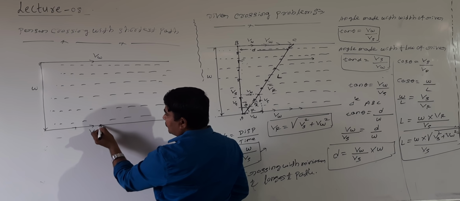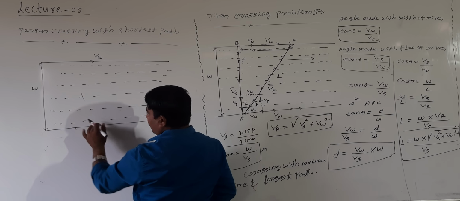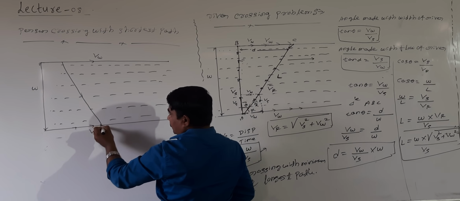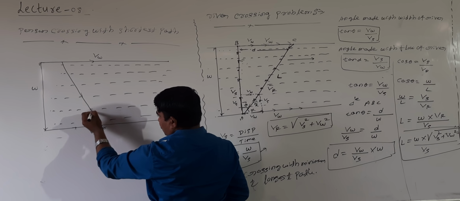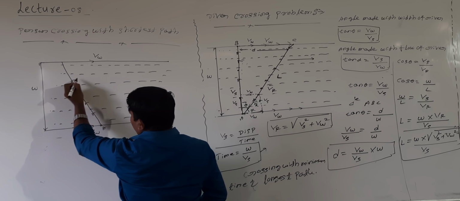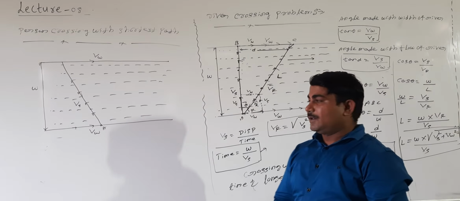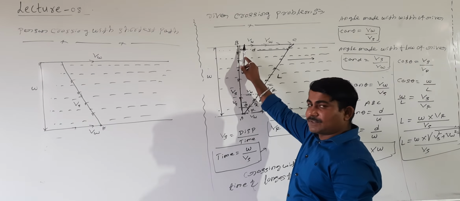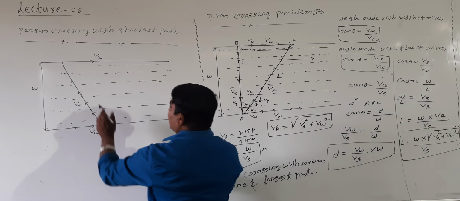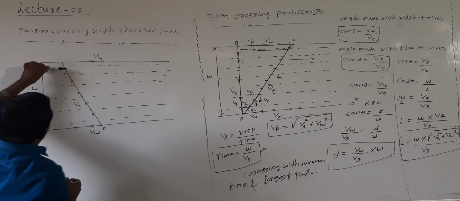Now he can go like this, with velocity Vs in this direction. In this case the person was moving like this. Now, in this case, how does the person move? The person goes like this. Then see here, this is the flow of the river. But how can the river go? The river can go like this.